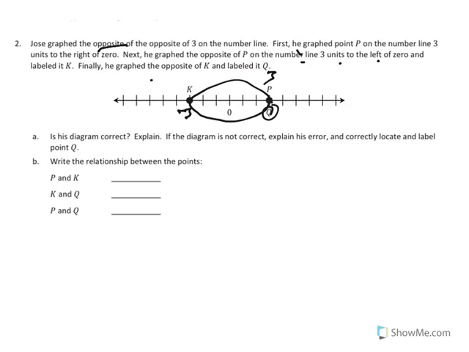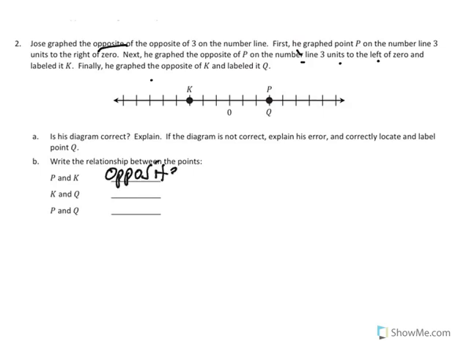So the next question says, what's the relationship between the points? It's either going to be the same or opposite. So for P and K, are they the same or are they opposite? Right, they are opposite.